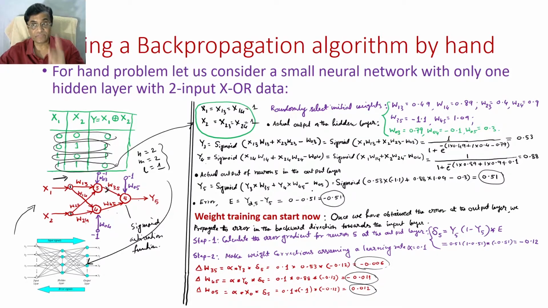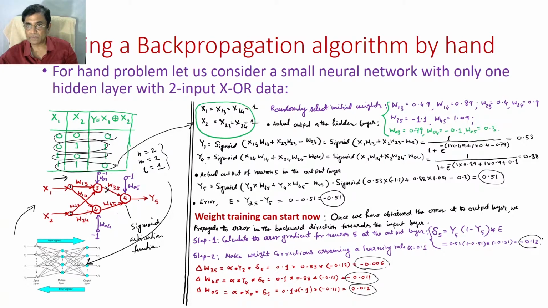And the most important thing is, once you calculate the actual Y5 and then you calculate the error, now your training starts, and the most important thing is to calculate the error gradient. So the error gradient is equal to the derivative of the activation function times the error. This is how we calculated it, right?